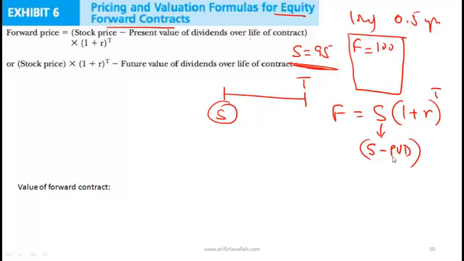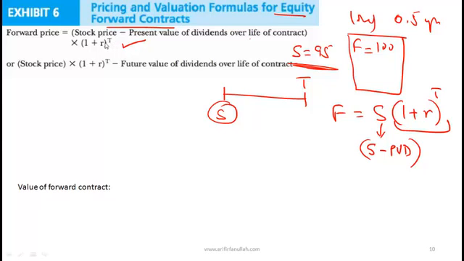You simply subtract the present value of any dividends during the life of this forward contract. So rather than using the S that we used in the previous example, you replace that with the current stock price minus the present value of dividends, and then the rest of the expression stays the same.